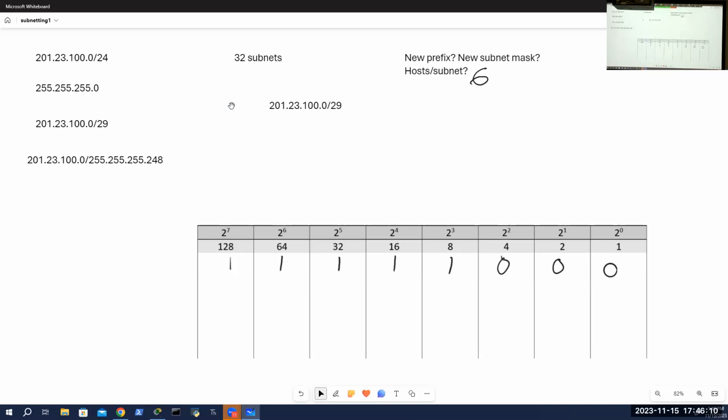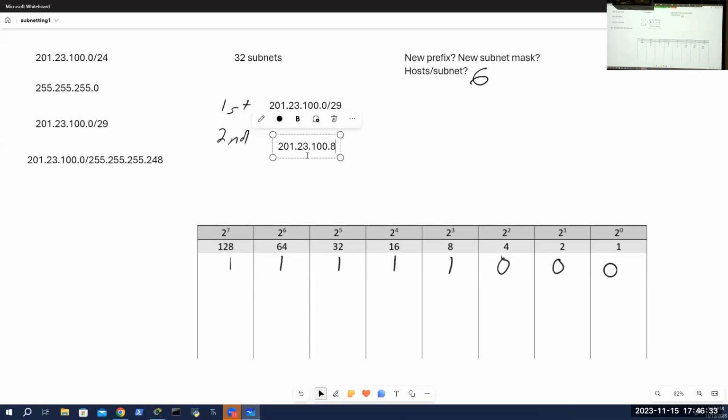So that's going to be your first subnet. Your second is going to be 201.23.100.8.